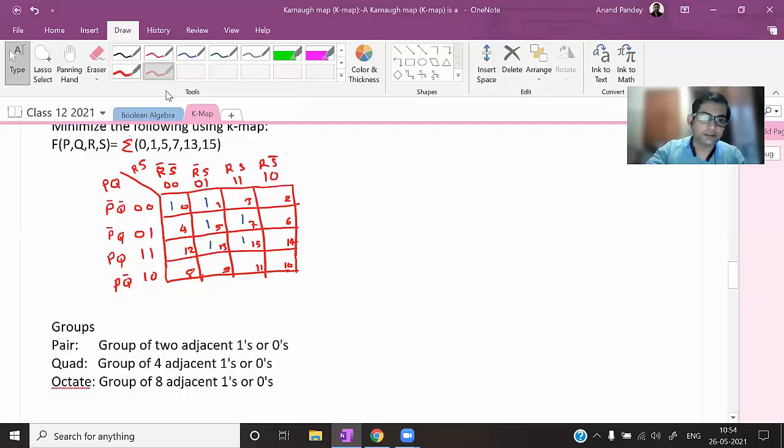After filling 1 in case of SOP and 0 in case of POS, you will try to draw the groups. I will teach you how. First of all, we try to draw the biggest group, जो सबसे बड़ा group है. What is the biggest group here? Octet.